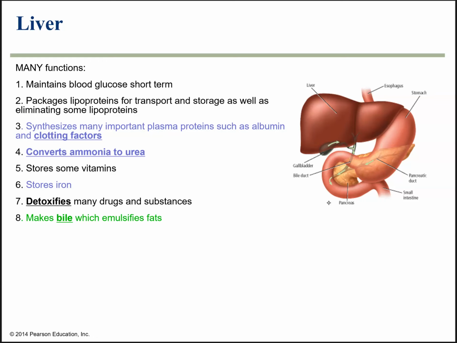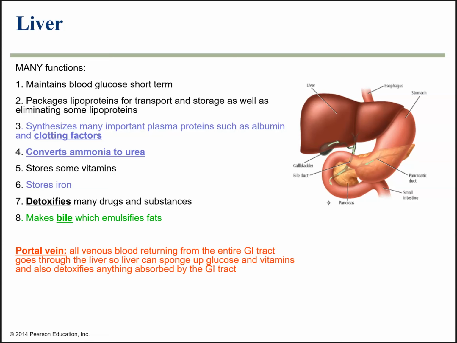Now, the vein that conveys blood to the liver from the spleen, stomach, pancreas, and intestine is known as the portal vein. This vein is really, really important. Why? Because the liver plays a very important role in breaking down blood.